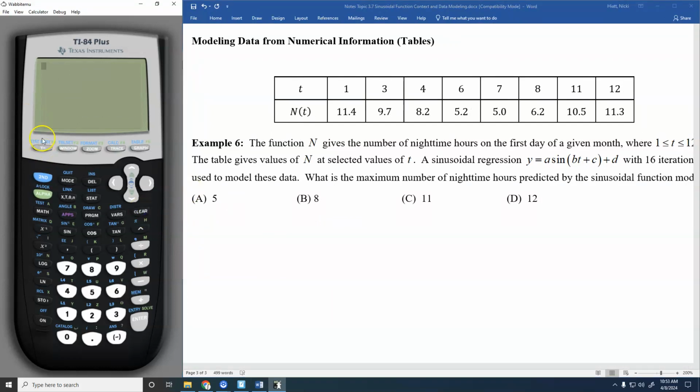Okay. So, much like everything else we've done using the regression on the calculator, where do we go first? Stat, edit. We are going to put our numbers into our calculator. So everybody get your calculator and follow along with that.